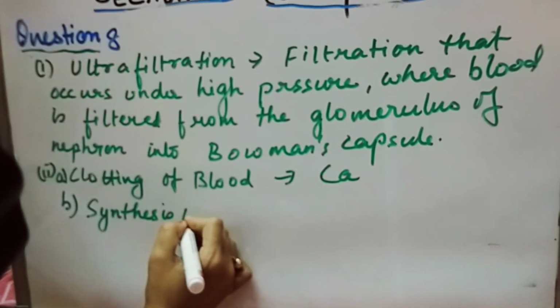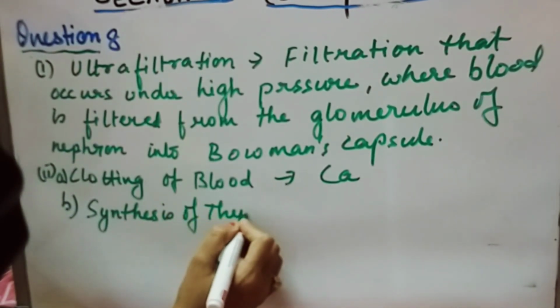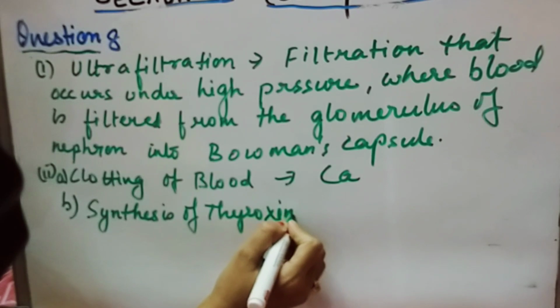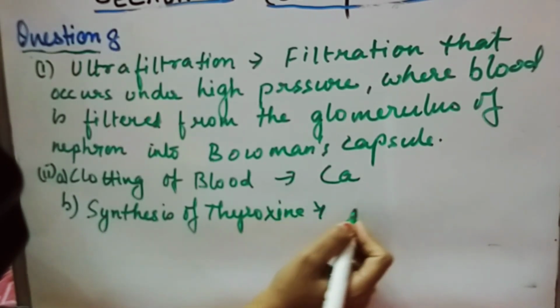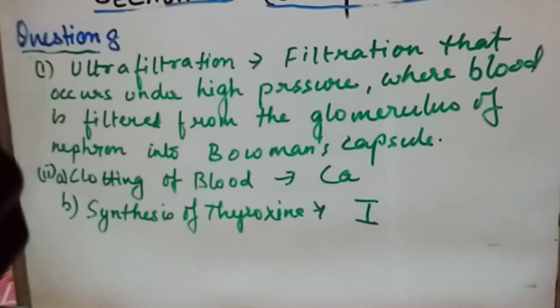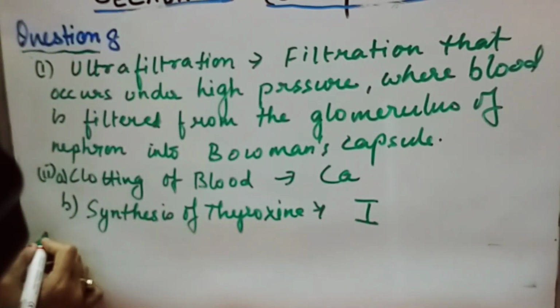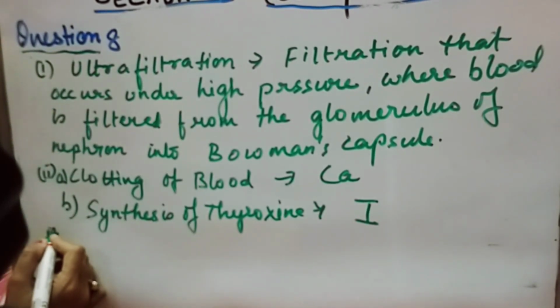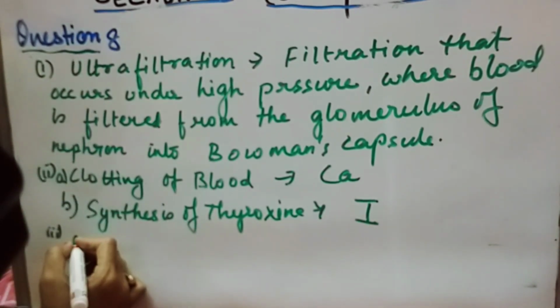The thyroxine hormone, the main element is iodine. So we know that. The next question is, mention 2 harmful effects of noise pollution. So many of them. You can write any 2 of them.